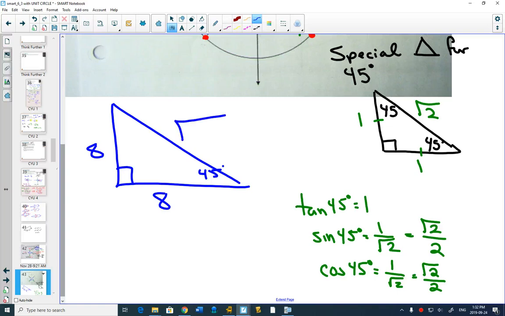This side will be the square root of 128, which you could divide by 64. You okay that that's 64 times 2, which as a mixed radical is 8 root 2? Are you okay with that?